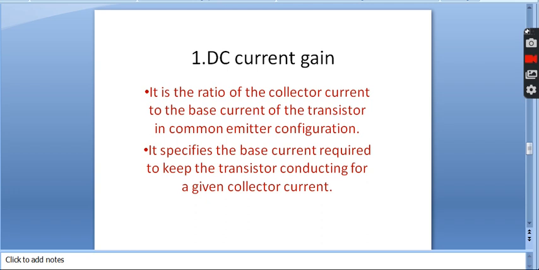In which configuration do we follow the DC current gain? In common emitter configuration. When you find the current gain beta, it specifies how much base current is required for conducting the transistor. That is DC current gain.